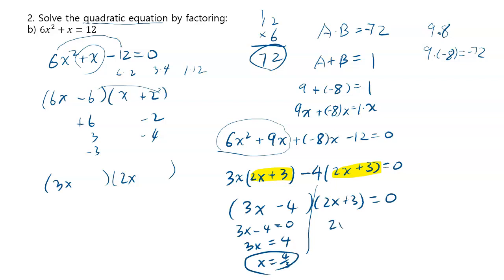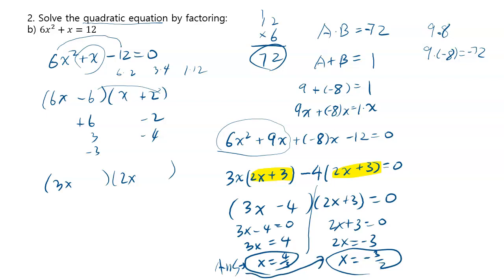In here, you're trying to say 2x plus 3 equal to 0, so subtract 3 both sides, and then divide by 2, you get negative 3 over 2. So these two are the answers.